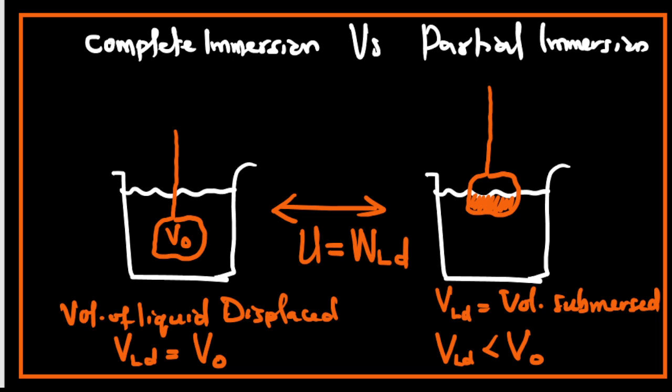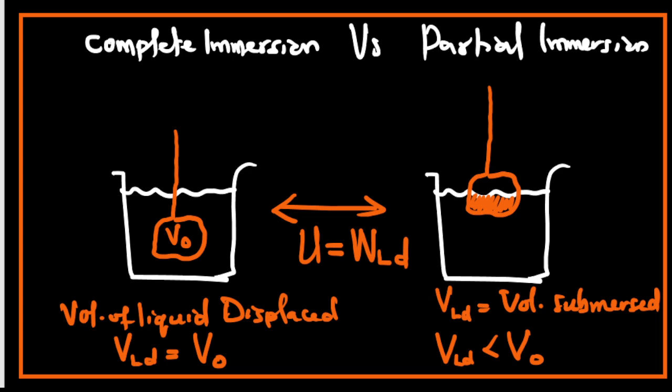At complete immersion, the volume of liquid displaced is exactly the volume of the object, because of course the object was completely immersed, so its full volume was what displaces the liquid out of position. In the second case, partial immersion, the volume of liquid displaced is not equal to the volume of the object. In fact, it is less than the volume of the object.